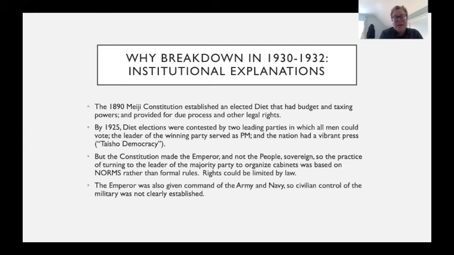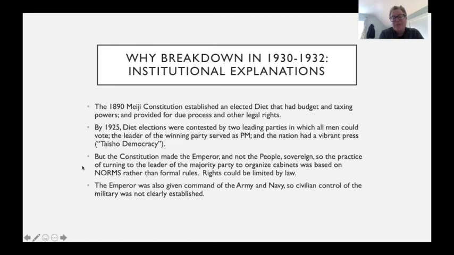So it's a gradual shift in norms that allows the cabinet by 1930 to be made up almost entirely of members of the legislature, much more on the model of British parliamentary rule.